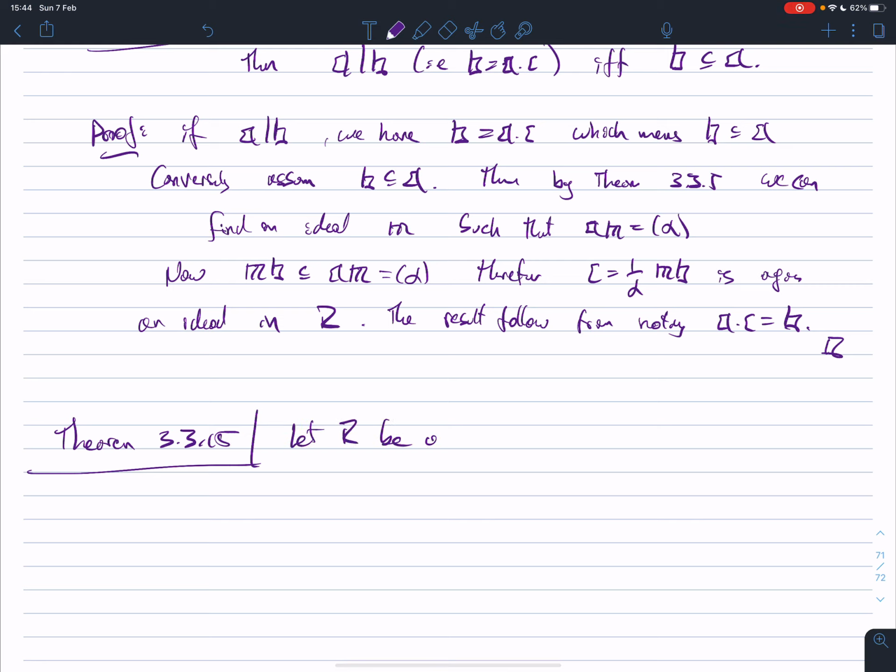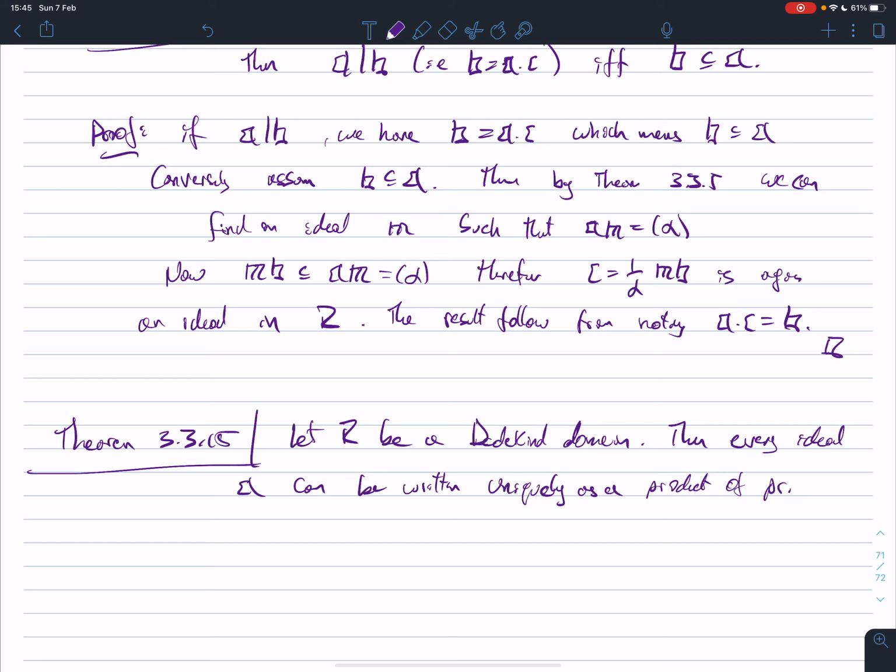So let R be a Dedekind domain. Then every ideal A can be written uniquely as a product of prime ideals.